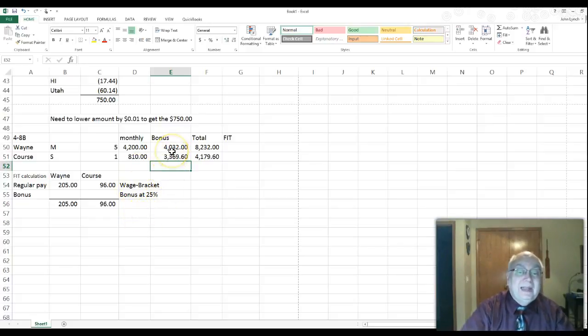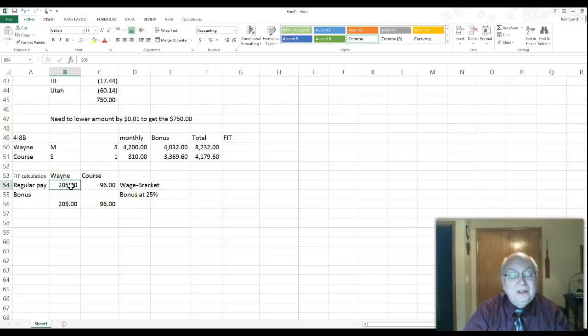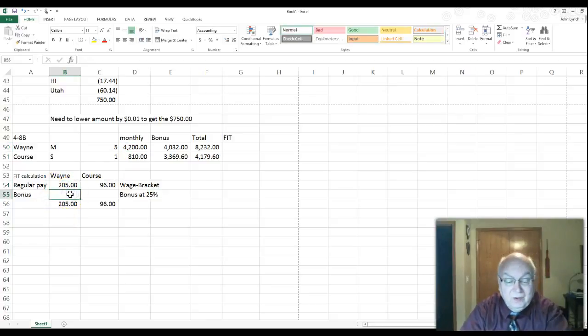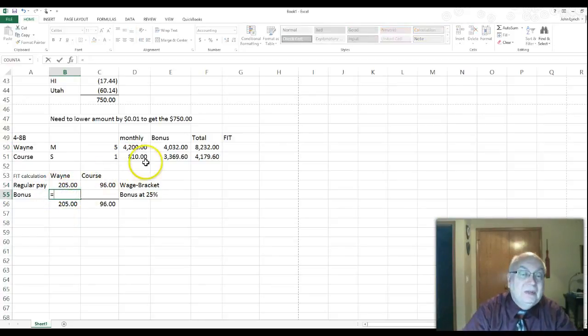Okay, now to calculate the federal income tax, which is what we want to do here, the first thing we do is go to the wage bracket method, because we actually do two calculations. So we go to monthly for Wayne, and we look at the wage bracket method for the $4,200. If you do that, married with 5 exemptions, you see that tax is $205. Then for the bonus tax, we take the $4,032 times 0.25.